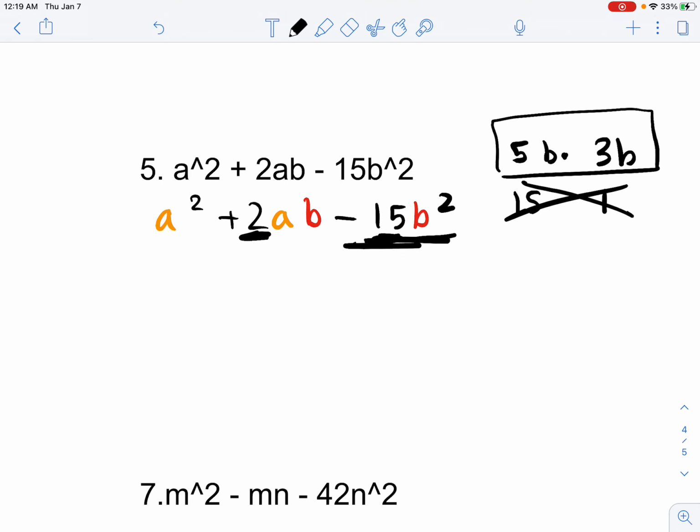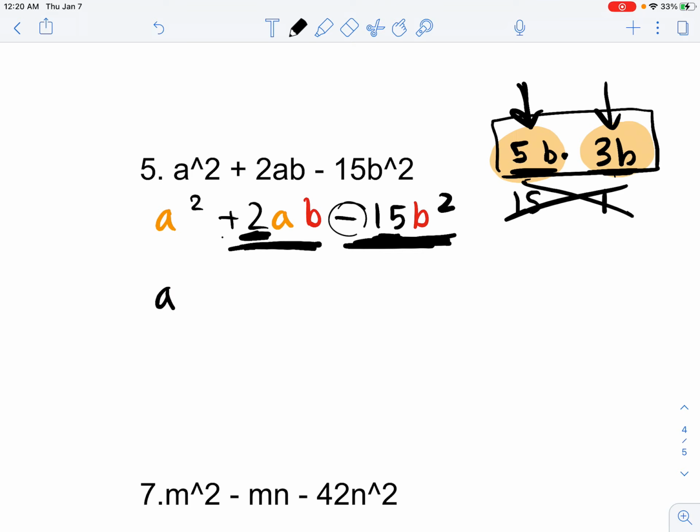Now, because the third term is a negative, we're going to have to multiply this term, and it has to produce a negative. So one of these terms has to be a negative. However, to determine which one would be the negative one, we have to look at 2ab. Since 2ab is positive, we know that the greater term out of these two choices has to be the positive, since it needs to produce a positive number.